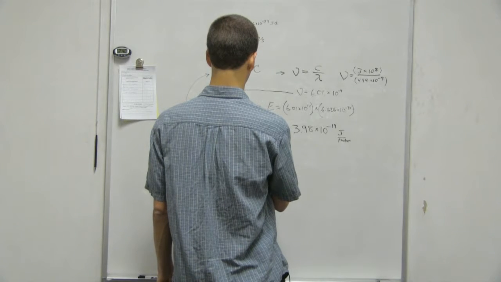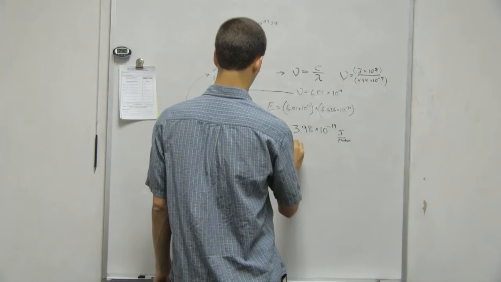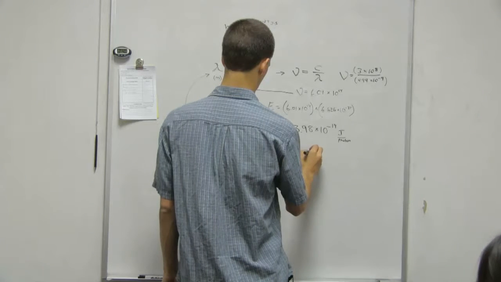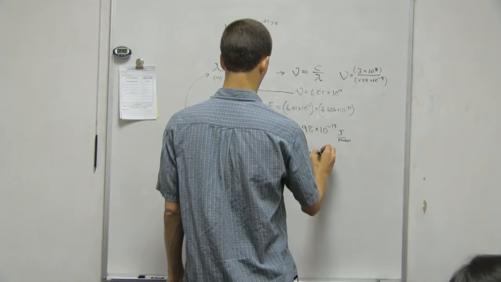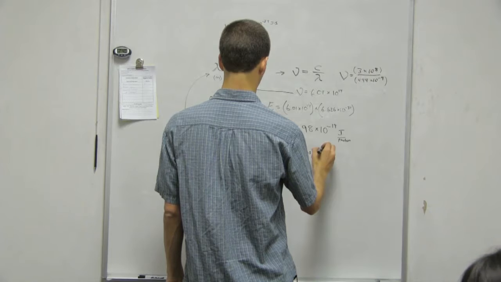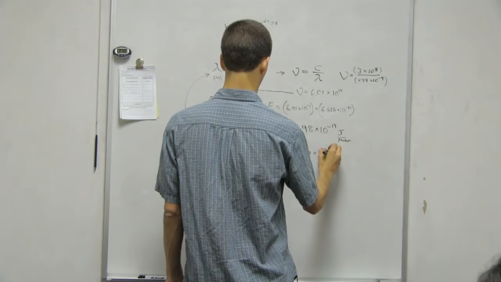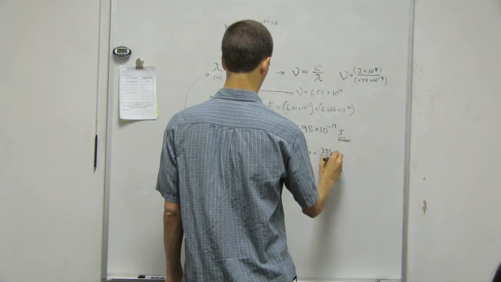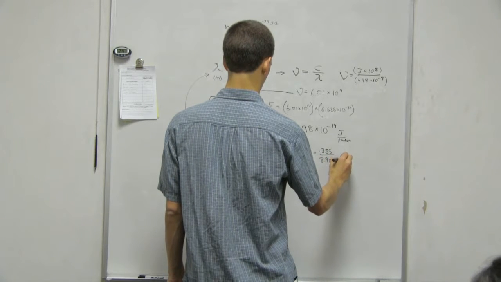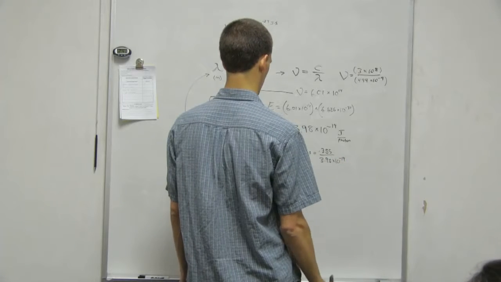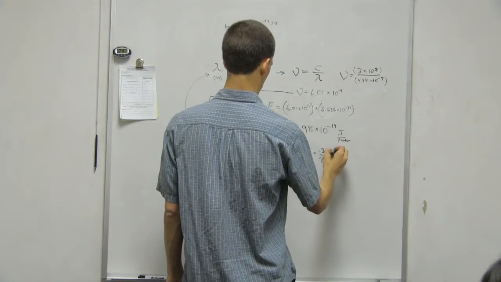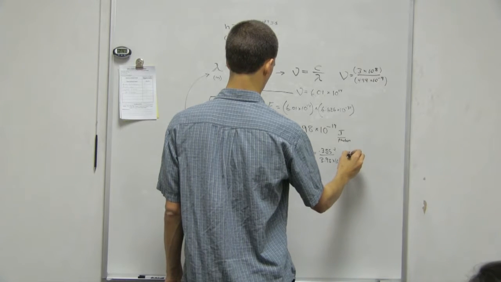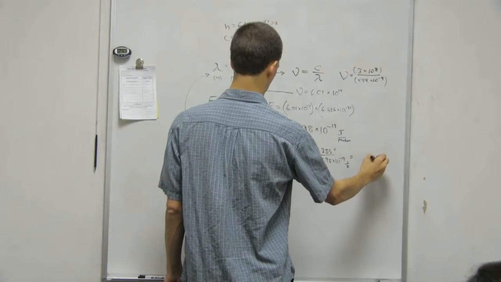Yeah, so then the number of photons, which is what it's asking for, equals 0.385 divided by 3.98 times 10 to the negative 19th. And since that's joules, and this is joules per photon, the units cancel to be photons.